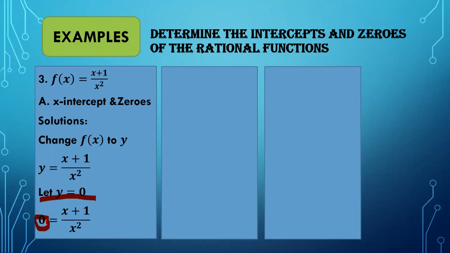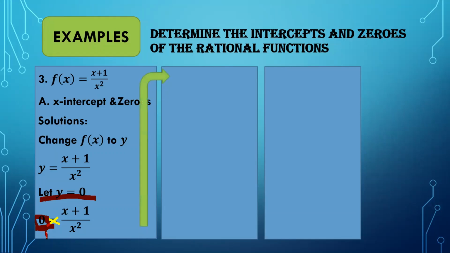So 0 is equal to x plus 1 all over x squared. Cross multiply. Since the denominator of 0 here is 1, 0 times x squared is 0, and 1 times x plus 1 is just x plus 1.